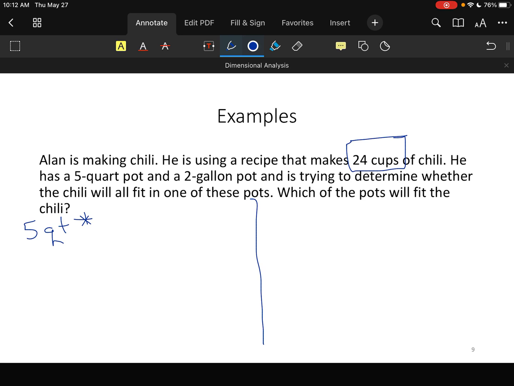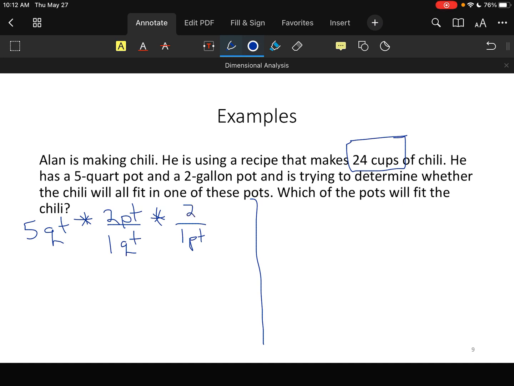Okay, so 5 quarts. I know that 2 pints equals 1 quart. Notice that didn't get me down to cups, so I had to use another conversion factor. I know that 1 pint is 2 cups.